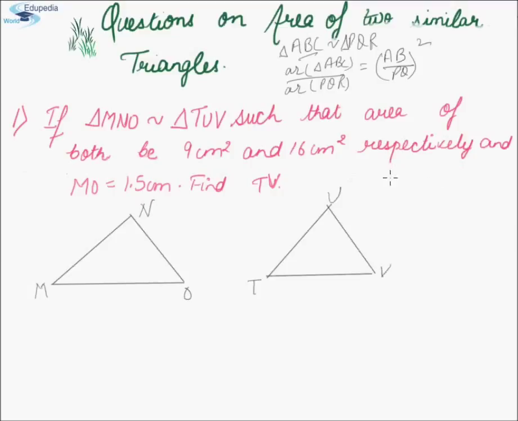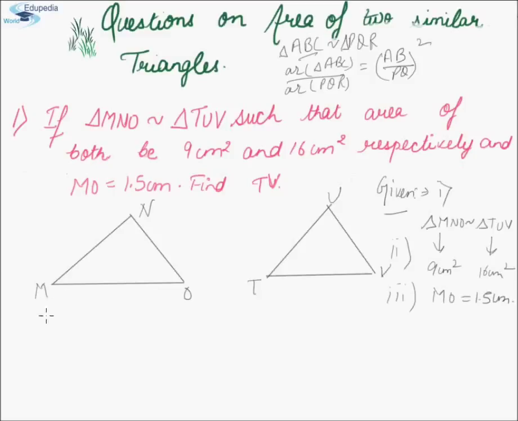Now we are given that triangle MNO is similar to triangle TUV. Secondly, we are given the areas of both the triangles as 9 cm square and 16 cm square respectively, and lastly we are given the length of MO as 1.5 cm.